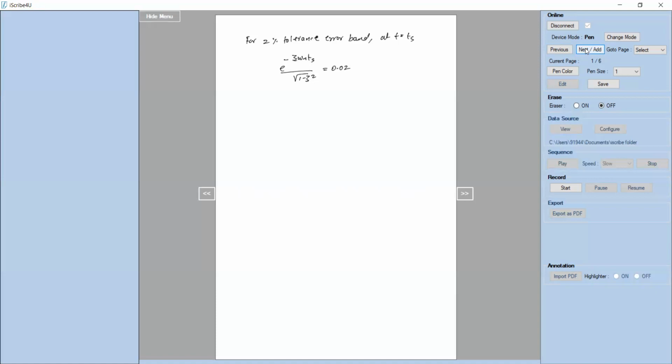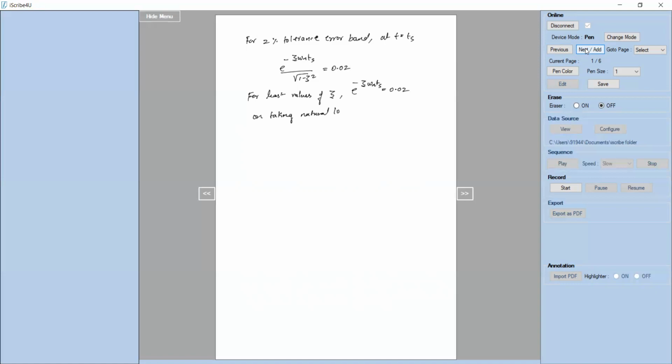Now for the least values of zeta, e power minus zeta omega n ts will be equal to 0.02. We have assumed that zeta is very, very small. So we have to take natural log on both the sides, because we want an expression for ts.